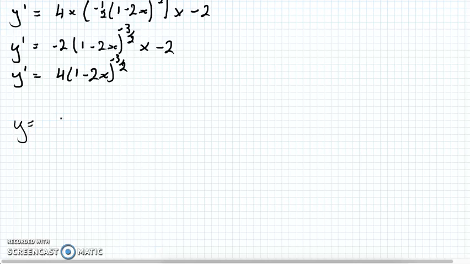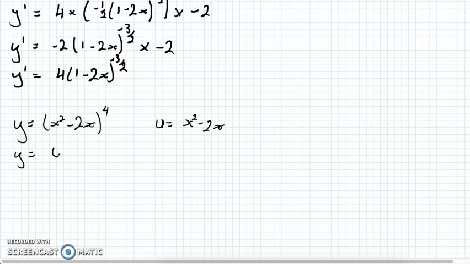Y is equal to x squared minus 2x to the power of 4. What we do here, we say that u is equal to x squared minus 2x. Now, if we then write this out, we're going to have y equals u to the power of 4. See how that works? So that has now been substituted for u.